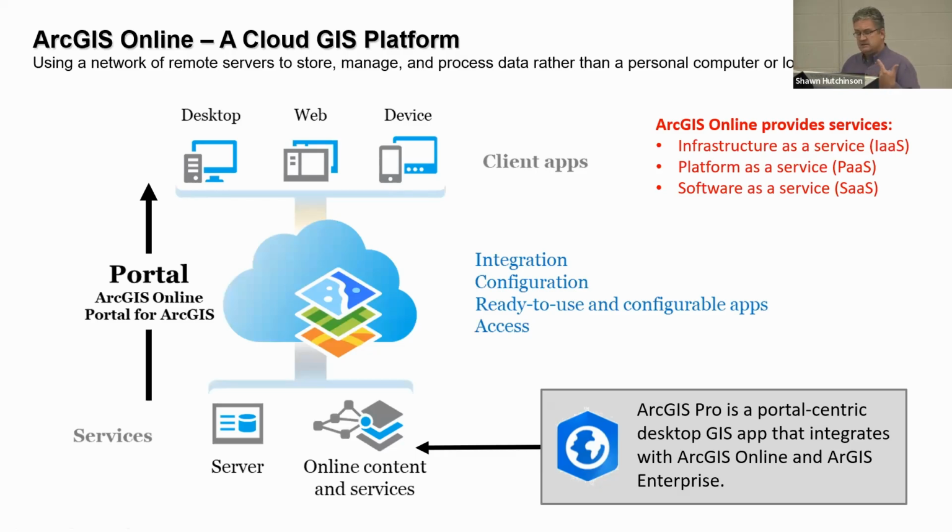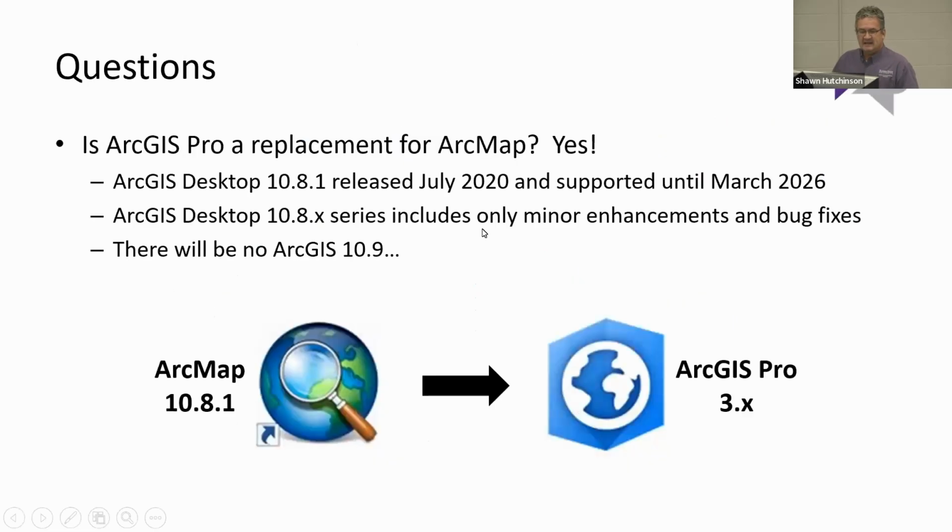And the reason that ArcGIS Pro is so important is if you've been around for a while and used the older ArcMap or ArcGIS desktop software, there is going to be no more desktop software in that regard. Version 10.8.1, the latest release from Esri, was sent out in 2020.